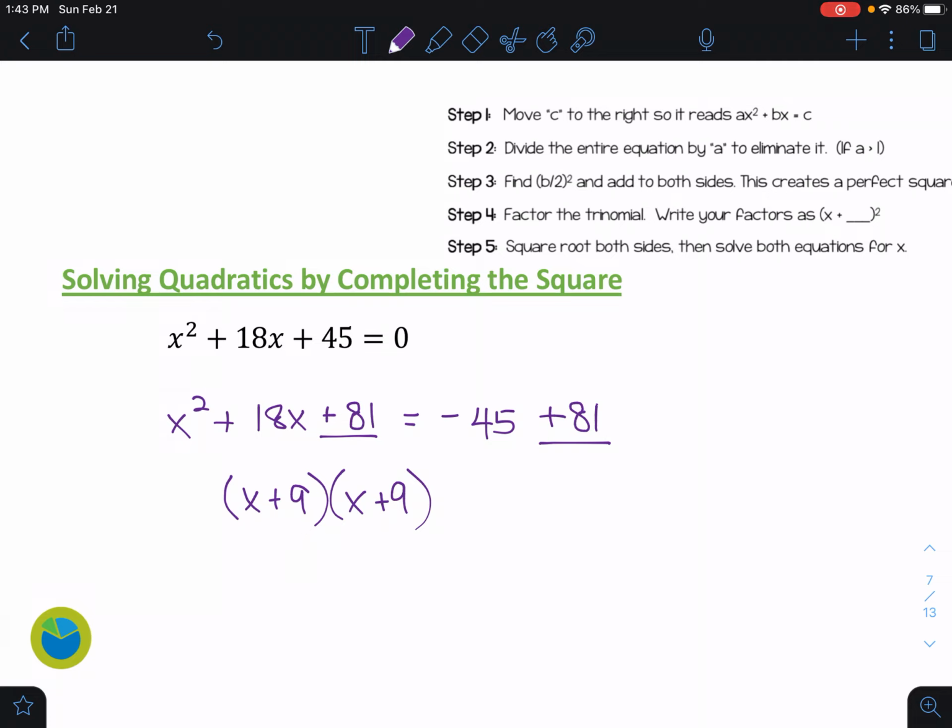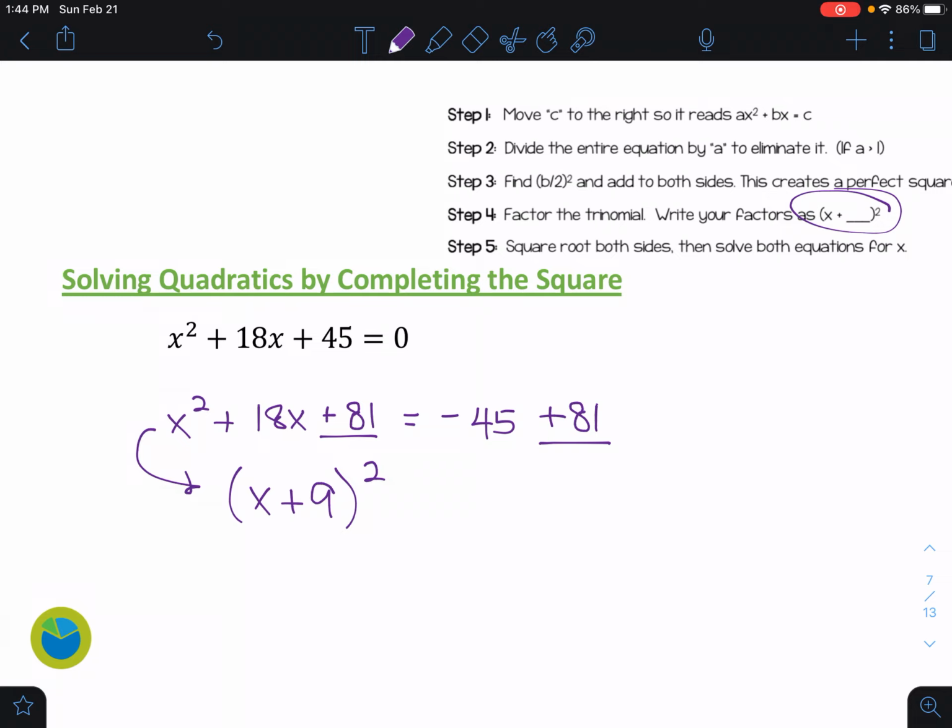Now, you want to write it as, if you look up here, x plus something squared. And that's because these will always be the same. So x plus 9 times x plus 9 is x plus 9 squared. So I'm going to actually write that instead. And this will always be the case because it's a perfect square trinomial. So whenever you complete the square, you should be able to go from here to here. It will always be a perfect square.